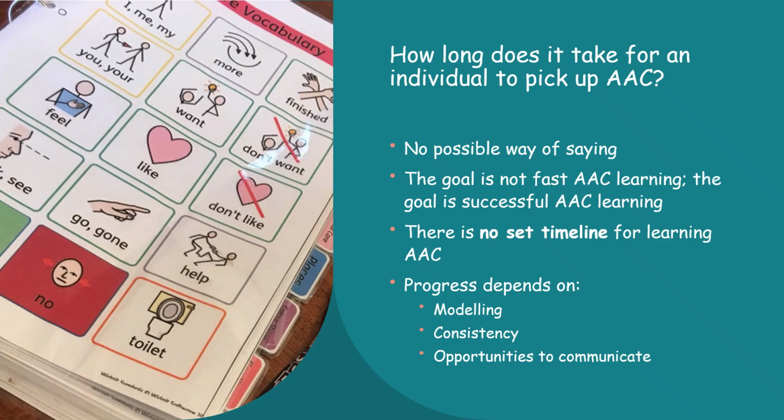Rather than focusing on how long will it take, it can be more helpful to ask, are we providing enough modelling, enough consistency, enough communication opportunities? And when those things are in place, learning can happen. But the speed of learning will look really different for every child. And I think the main thing to think here, our closing thought on this slide, is the goal isn't fast AAC learning. The goal is successful AAC learning.